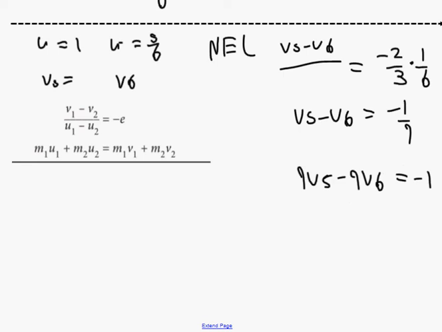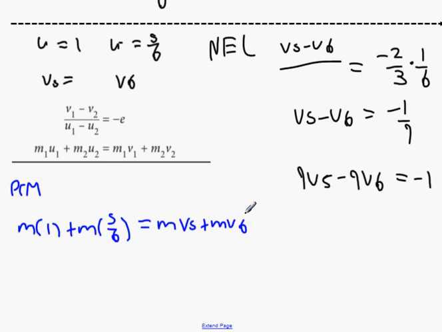Okay, principle of conservation of momentum, PCM. So what we're going to get is m times 1 plus m times 5/6 equals m times V5 plus m times V6. The m's will cancel. V5 plus V6 ends up to 1 plus 5 over 6, which is 11 over 6.